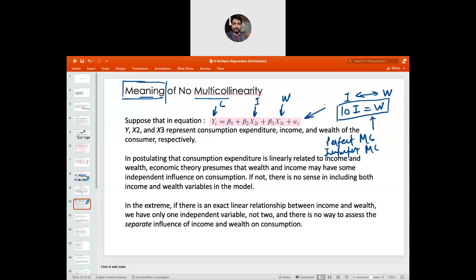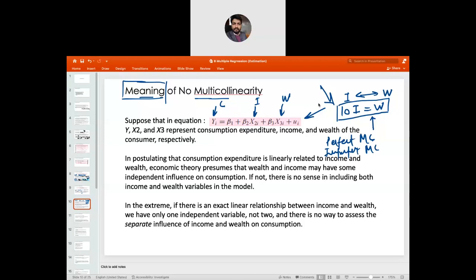In fact, it is true that income and wealth are related, right? The only question is how much. Are they perfectly related like this, 10I equals W, or are they imperfectly related, right? So there is not an exact, perfect linear relationship, but of course there is some strong linear relationship, or there is a weak relationship, right? These are the possibilities.